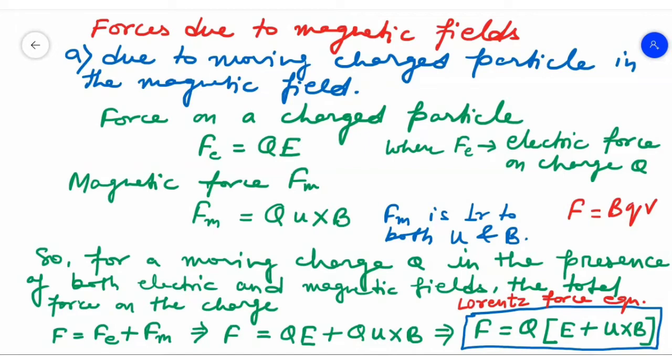I had discussed in the beginning that the force due to magnetic field can be experienced in three ways. The first way was due to the moving charged particle in the magnetic field. Now the second way is on a current element in an external magnetic field.